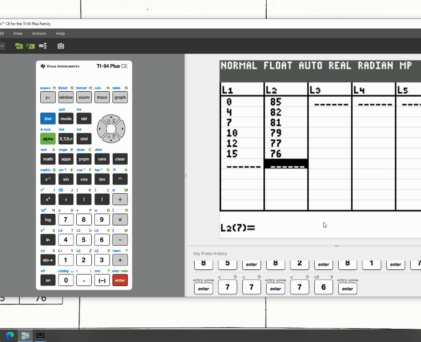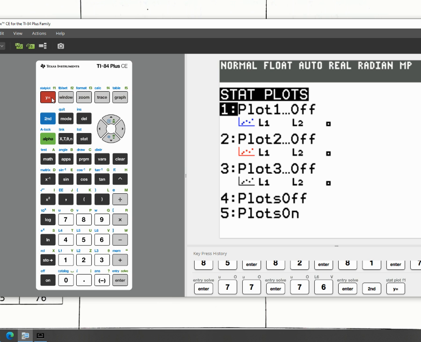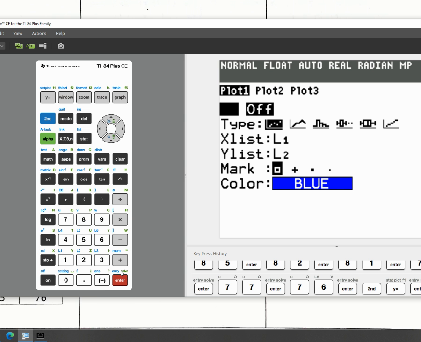Y equals. Well, we're not going to quite go to Y equals. We're going to go to 2nd Y equals, because we have to turn our stat plot on. So go right here to Plot 1. It says Off. If you reset your calculator, enter on that and turn it on.